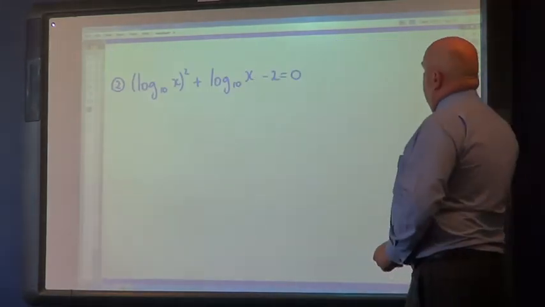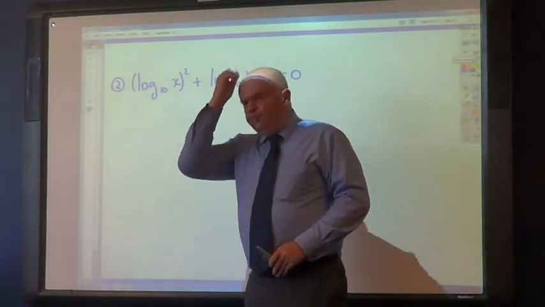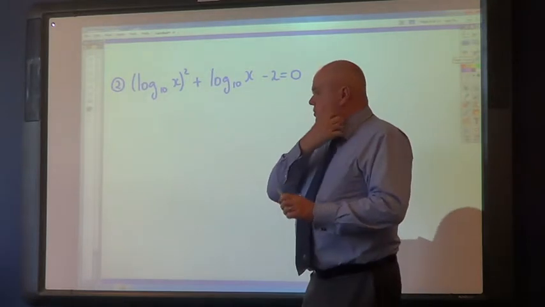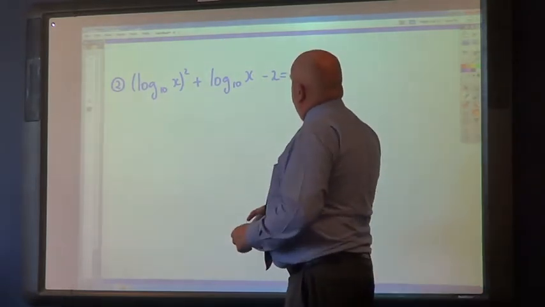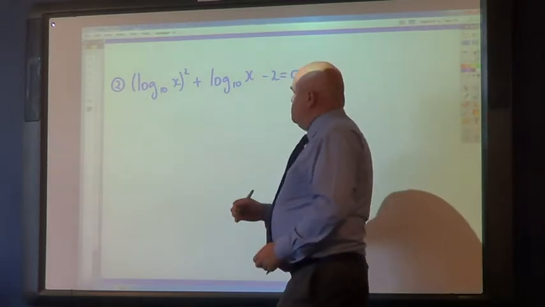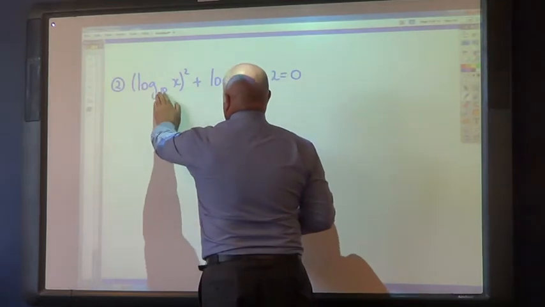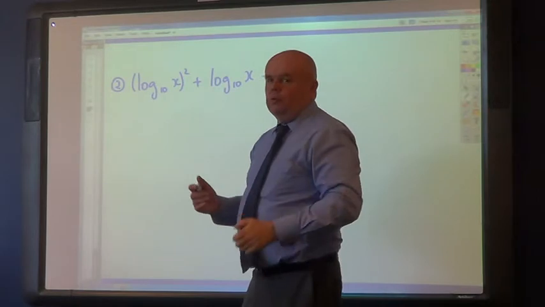Now, what have we got here? In this one we've got to make use of that technique we saw in an early lesson about letting messy bits equal something. We're going to use a technique called substitution to solve this. By messy bit, what I mean here is that we're going to replace all of our log base 10 of x with a pronumeral, let's call it a.